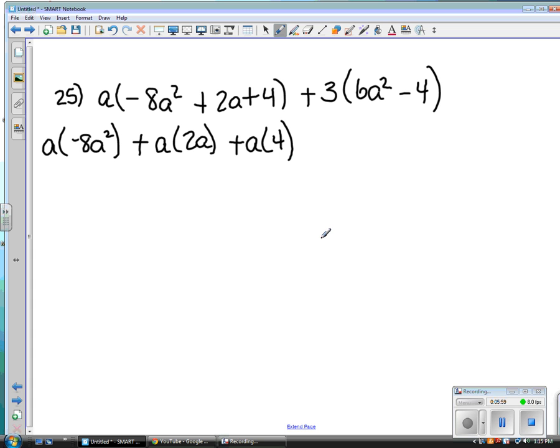Did everybody see how I just distributed that a out? That's all I did. Here I'm going to put a plus. Now I'm going to distribute 3 to everything: 3 times 6a squared minus 3 times 4. Anybody have a question on where I got something?